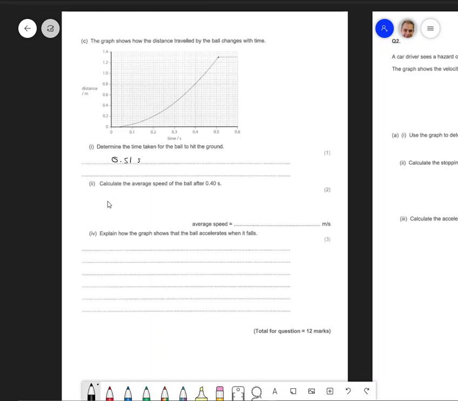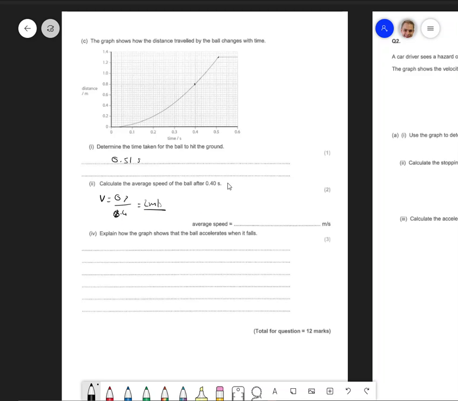Interpreting the intention of the question as written, after 0.4 seconds have elapsed, what was the average speed of the ball, which is simply 0.8 divided by 0.4. Speed equals 0.8 over 0.4, which should just equal 2 meters per second.